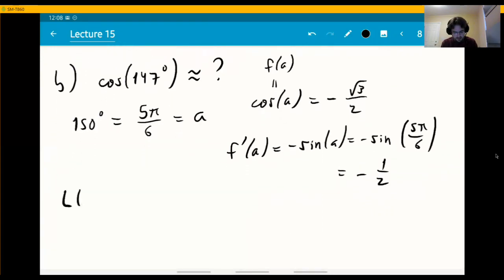The linear approximation function based on this point, where everything has to be in radians. Once again, if you have a problem involving derivatives and trig functions, everything should be thought about in terms of radians. So even this x here. Now L of x is the linear approximation: f of a is minus root 3 over 2, f prime of a is minus 1/2, and x minus a is x minus 5 pi over 6.